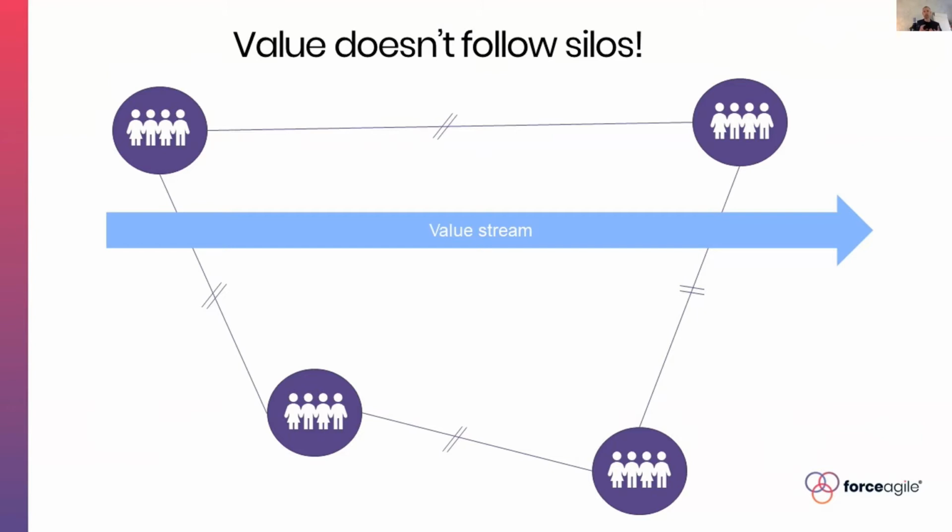So what you can see when you start to follow the value stream, you can see that it doesn't actually care about the silos in the company, and you have to be aware about this. So it is, I would say, paramount to understand the value stream and the persons involved in the value stream to be able to create value in your processes.